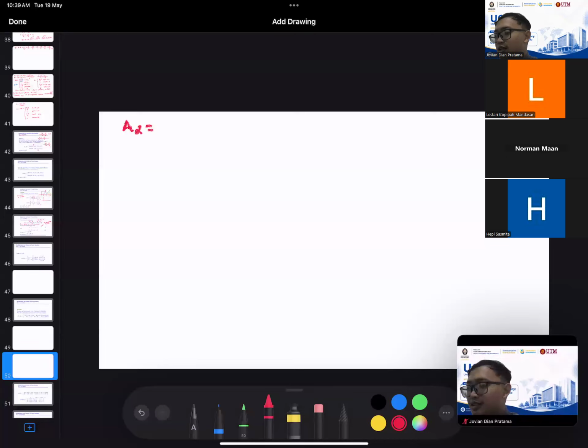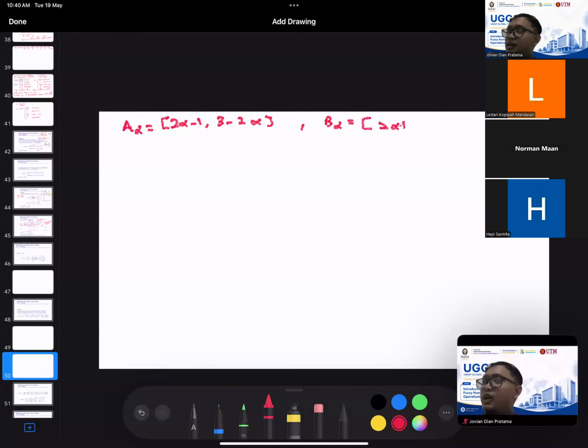Just now, we have A alpha as 2 alpha minus 1 and 3 minus 2 alpha, and B alpha as 2 alpha plus 1 and 5 minus 2 alpha.